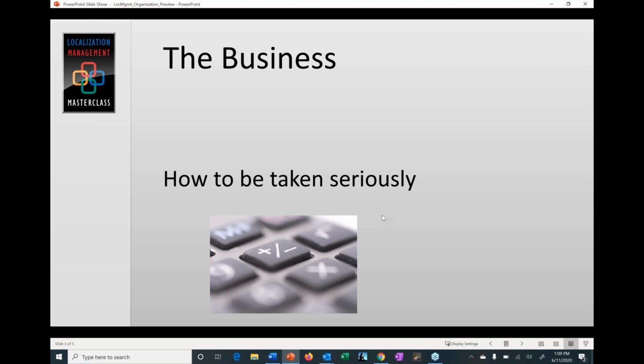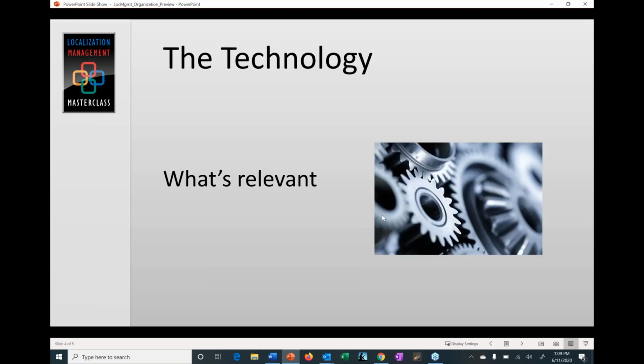From there, we will move on to technology. And I'm sure that all of you on this call know something about the technology in the localization industry, starting with translation memory. So translation memory technology has been around since the 90s, when it was the big new thing.